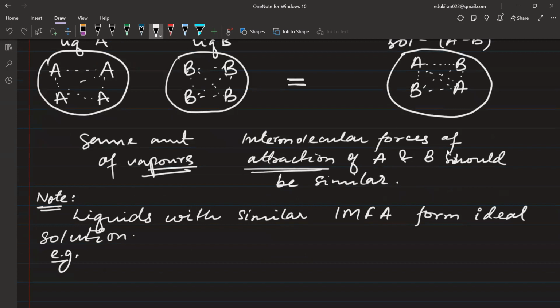For example, these examples are very important. Okay, you have to remember the examples also.